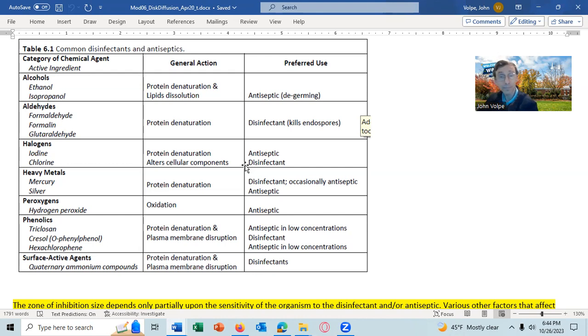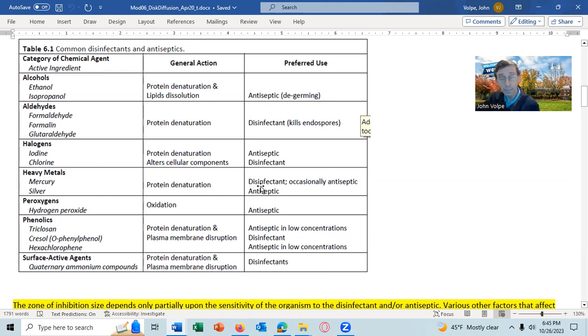Heavy metals are a disinfectant, sometimes used as an antiseptic. For a while their use was discontinued, but because of the resistance of microbes to other disinfectants and antiseptics, as well as antibiotics, the use of heavy metals has come back.